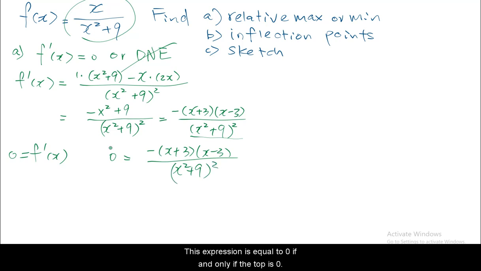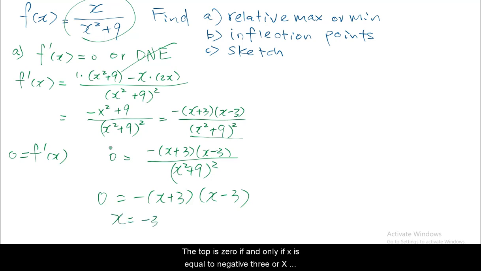This expression is equal to 0 if and only if the top is 0, which is this part. The top is 0 if and only if x is equal to negative 3 or x is equal to 3. So we have two critical values, one is negative 3, one is 3.